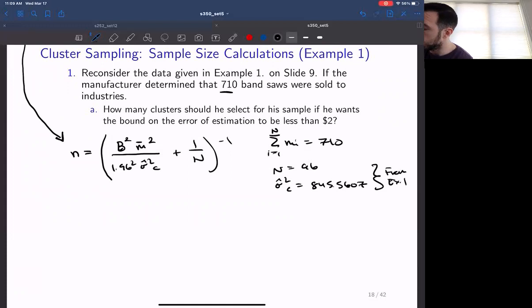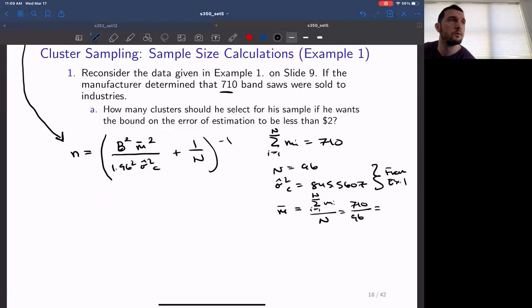All right, now we can estimate M bar. M bar is equal to the sum from i equals 1 to N of Mi over N. So this is 710 over 96, which is equal to 7.395. Sorry, 7.396. So the researcher determined that 710 bandsaws were sold to industry. How many clusters should he select for the sample if he wants the bound on the error to be less than $2?